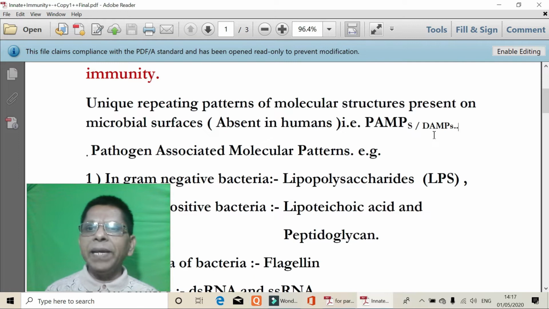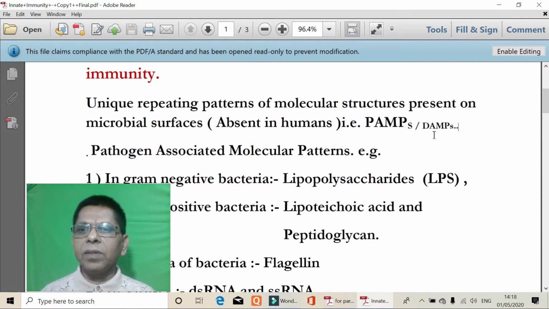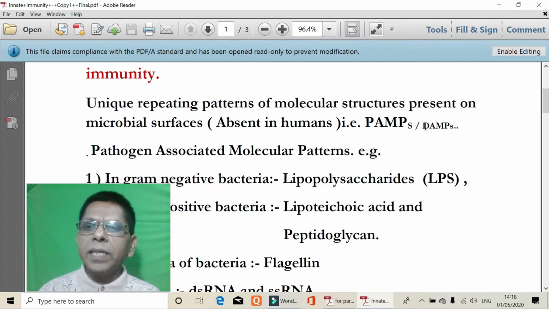Now these damage associated molecular patterns, they are found or they are released by the host cells which are damaged, or the cells which are injured, or the cells which are having tumors.